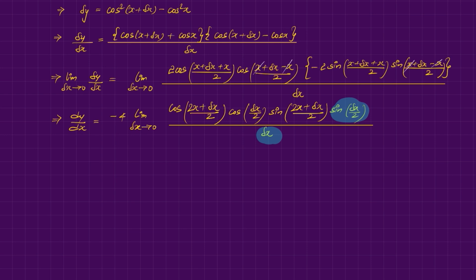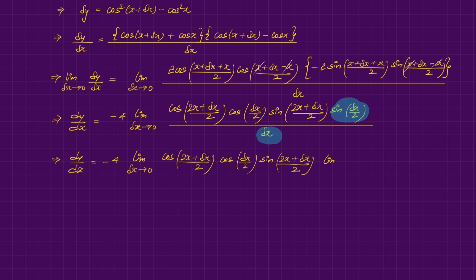Okay, so I will have dy by dx equals minus 4 limit delta x tends to 0 cos of 2x plus delta x by 2 cos of delta x by 2 sine of 2x plus delta x by 2.